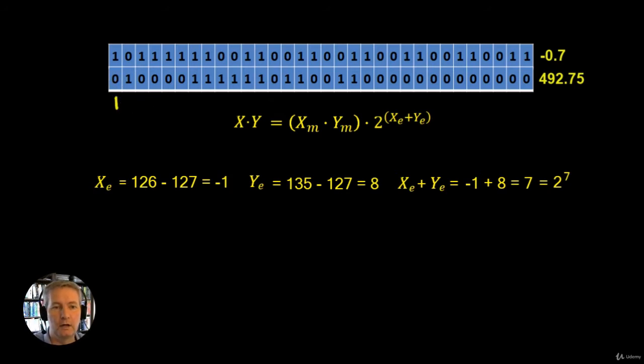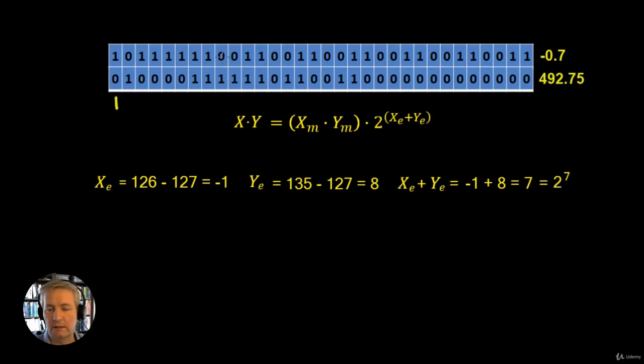So let's go ahead now and we'll look at the exponent. We said that what we have to do is add the exponent values. So we have the exponent value here for the x, this is the top one. We start from this point here, so there's 1, 2, 3, 4, 5, 6, 7, 8 bits.